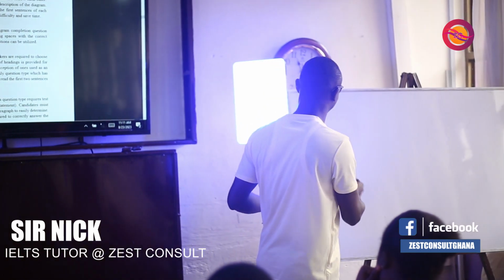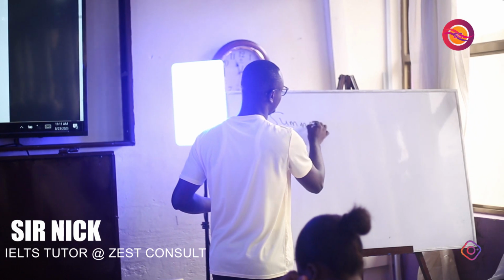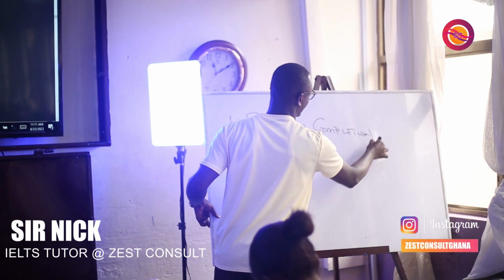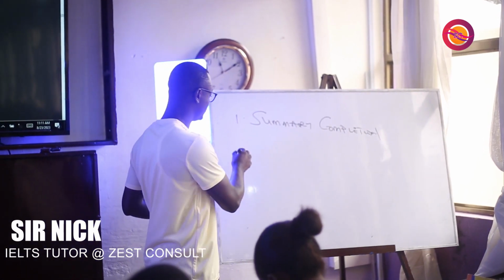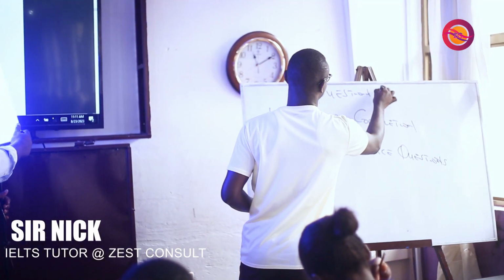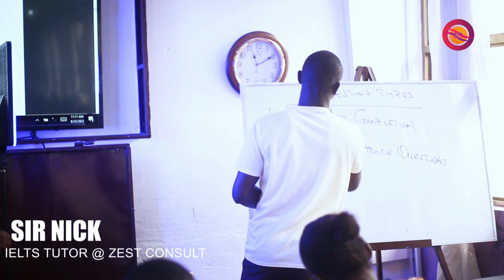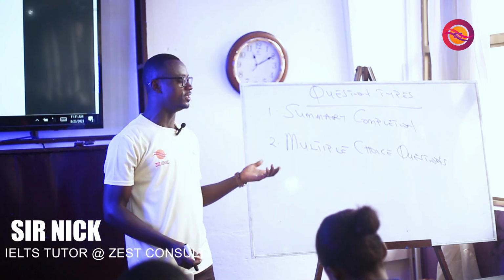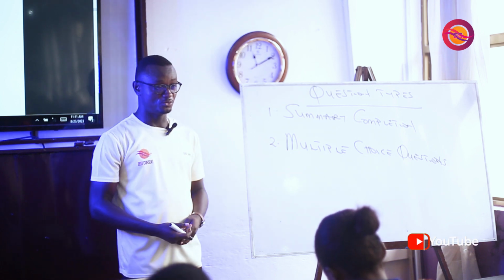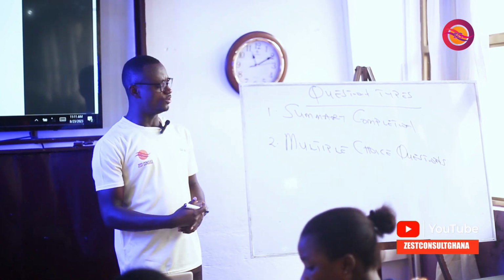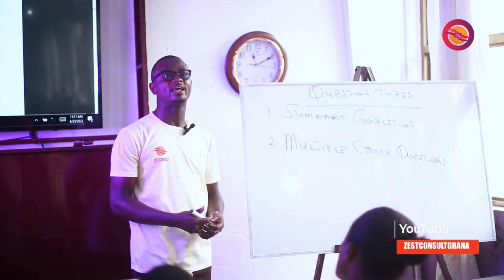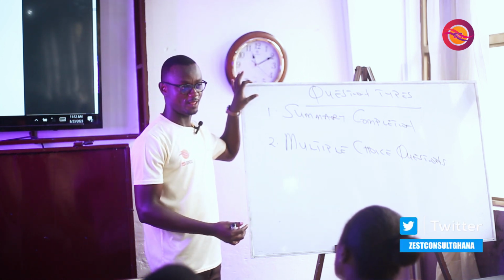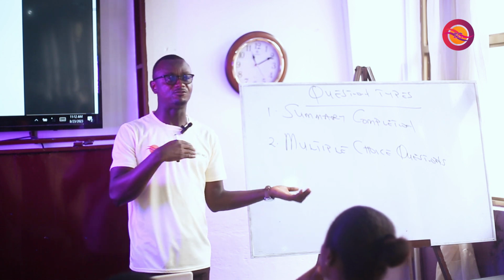So today we are looking at summary completion, which is another fill the gap question. Now these are the 2 question types we are discussing today. Yesterday we discussed 4. Today we are going to look at 2. Of course, it is 2, but technically it goes beyond 2 because each is in 2 folds. Now, for the summary completion, we have 2 types.